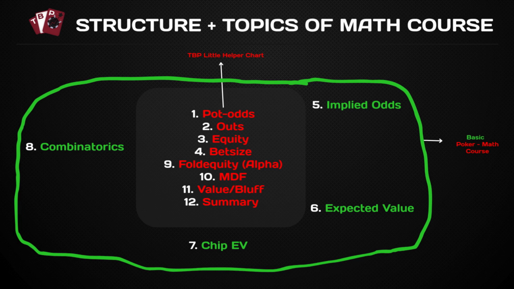The 8 red lessons in the middle are all topics of the chart I mentioned, while the 4 green lessons deal with important topics outside of the chart. A good way to study this course would be to watch the first 4 lessons of the chart and then turn to the green lessons. After that, you should study the rest of the 4 red lessons. But this is just a recommendation, and you can study it however you like.